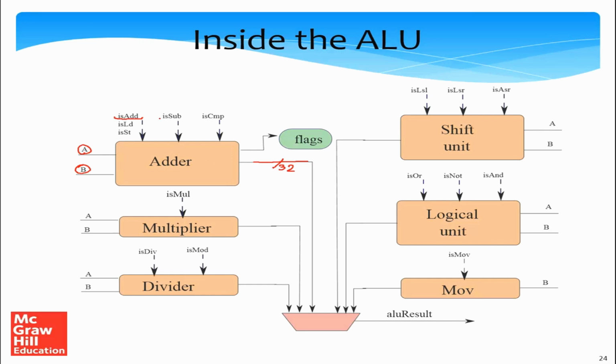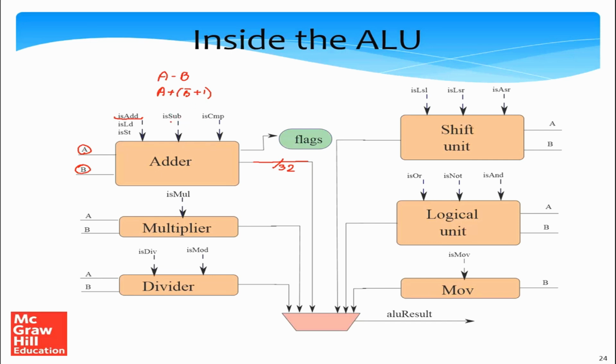Mind you, in the two's complement world, subtraction is the same as addition. To subtract b from a, to compute a minus b, we essentially need to add a plus the 2's complement of b, which is basically the 1's complement of b plus 1. So any subtraction problem is converted to an addition problem.